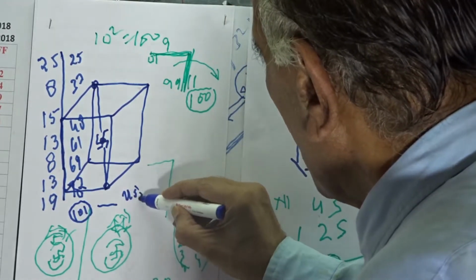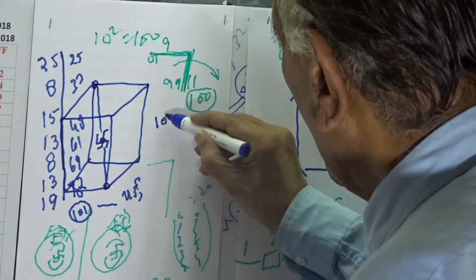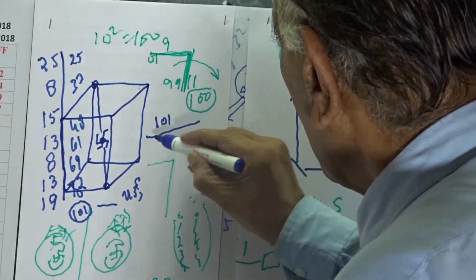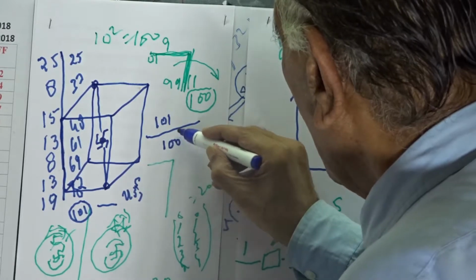There are the number of branches, and we know a 101 points range has 100 gaps.